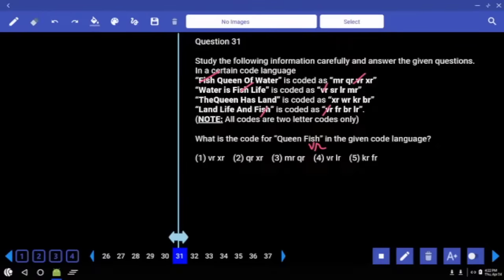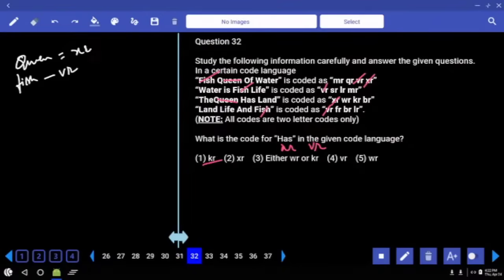Now queen is common between the first and the third, queen, off and water. Then what else is common here? XR, and the code for queen is XR. So queen is XR and fish is VR. VR XR, choice 1, question number 31.